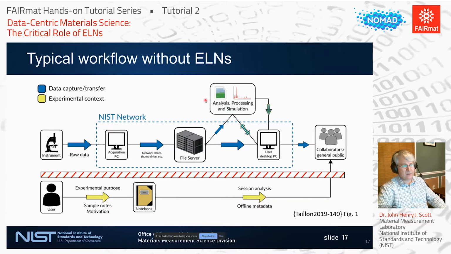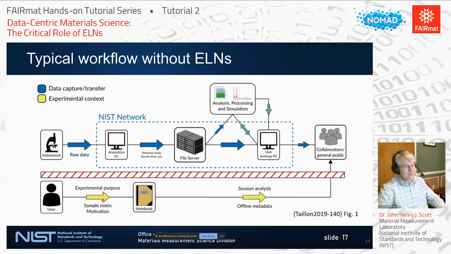Obviously, you have computers on your local machine or perhaps in centralized processing stations where you can perform some analysis and simulation and data reduction. This is connected to a variety of computing resources and PCs for users and can be shared outside to collaborators.